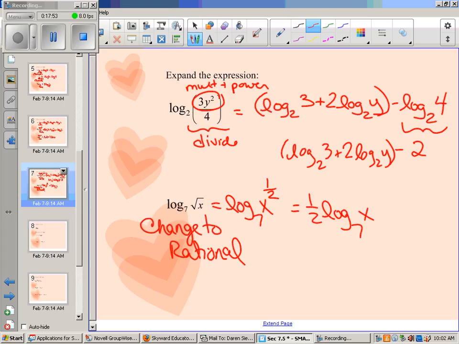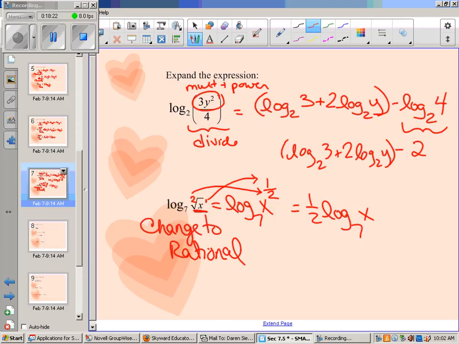Perfect. 1/2 times log base 7 of x. Does that make sense? Everybody understands where the 1/2 came from. When we are dealing with radicals, to change to rational, the number that's by the x is my numerator. The number that is outside the root is my denominator.